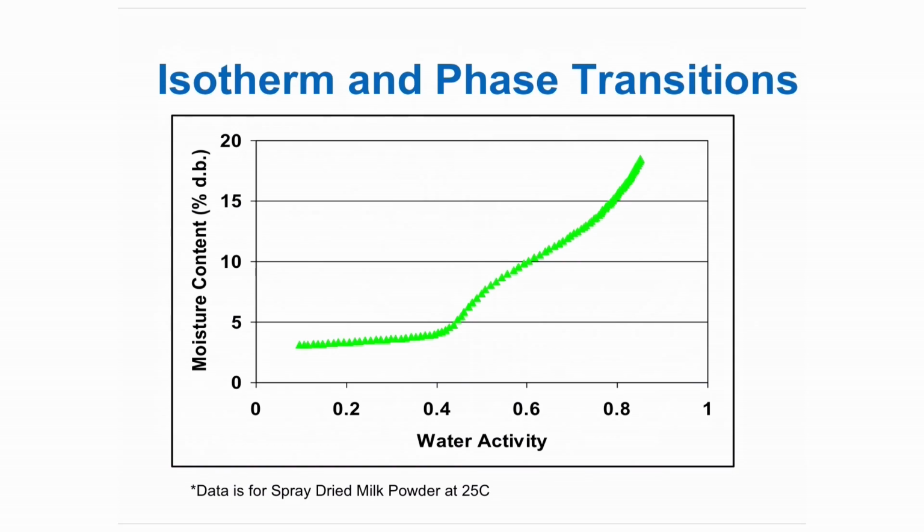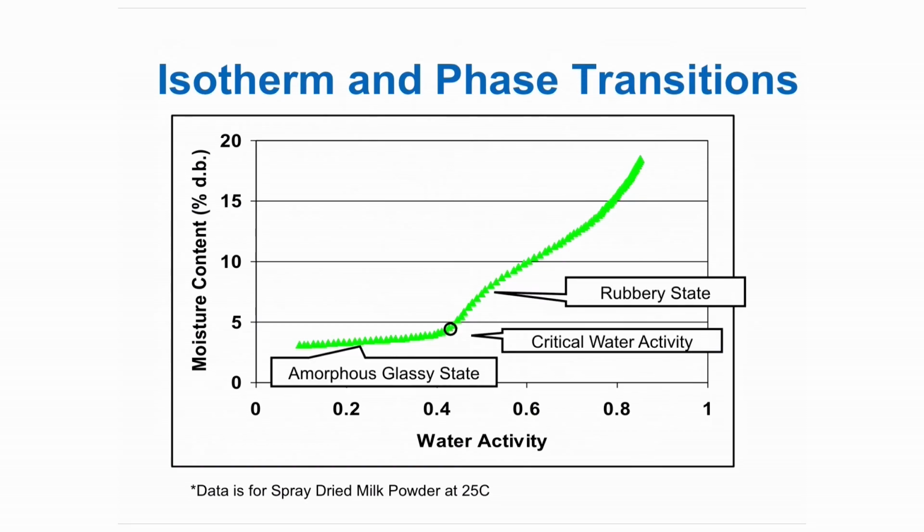This is done in a dynamic way that I'll explain in just a second. The important thing is that from these dynamic curves you get very high resolution isotherms, which have very distinct and interesting inflection points resulting from drastic changes in absorption properties resulting from changes in the matrix.